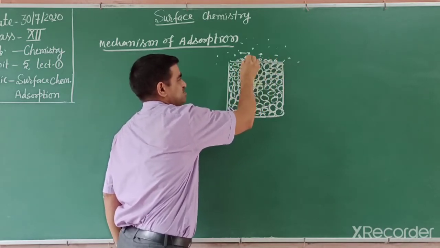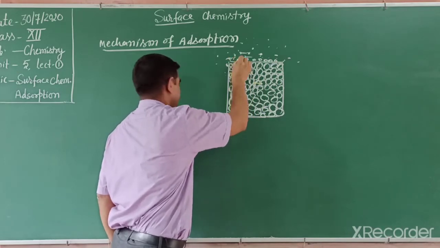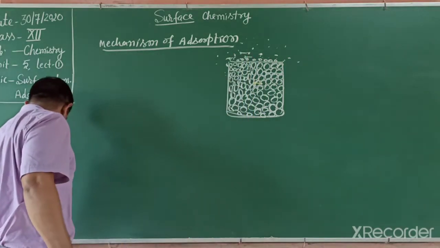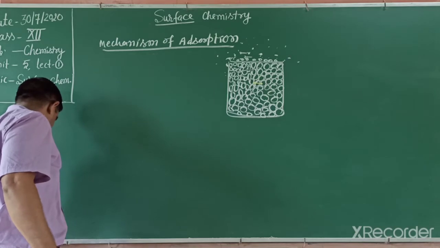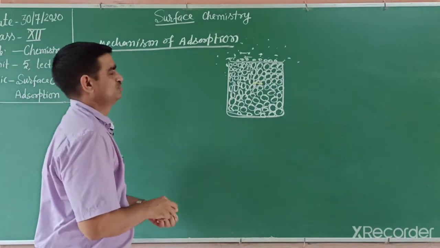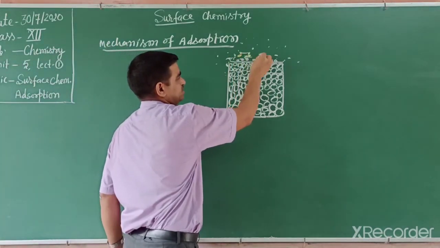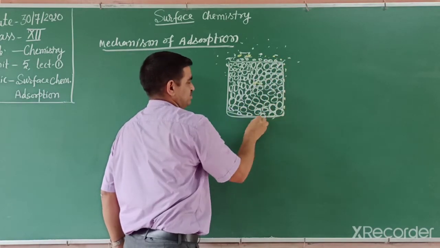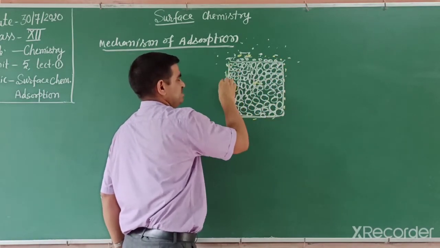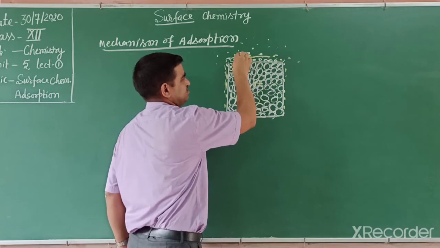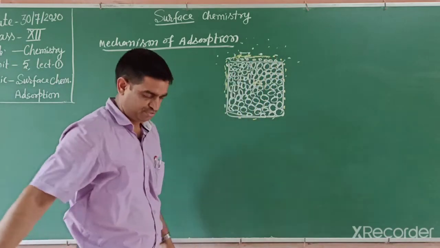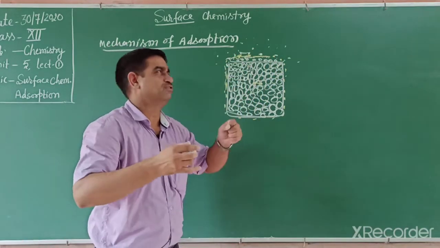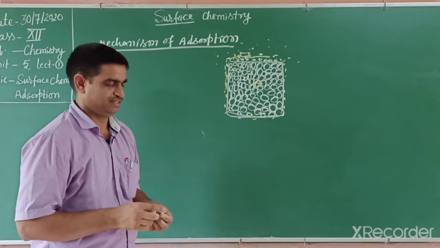When the extra molecule occupies the surface, it balances the force. The reason behind this is the unequal force, and to balance that force, the molecules occupy the surface.